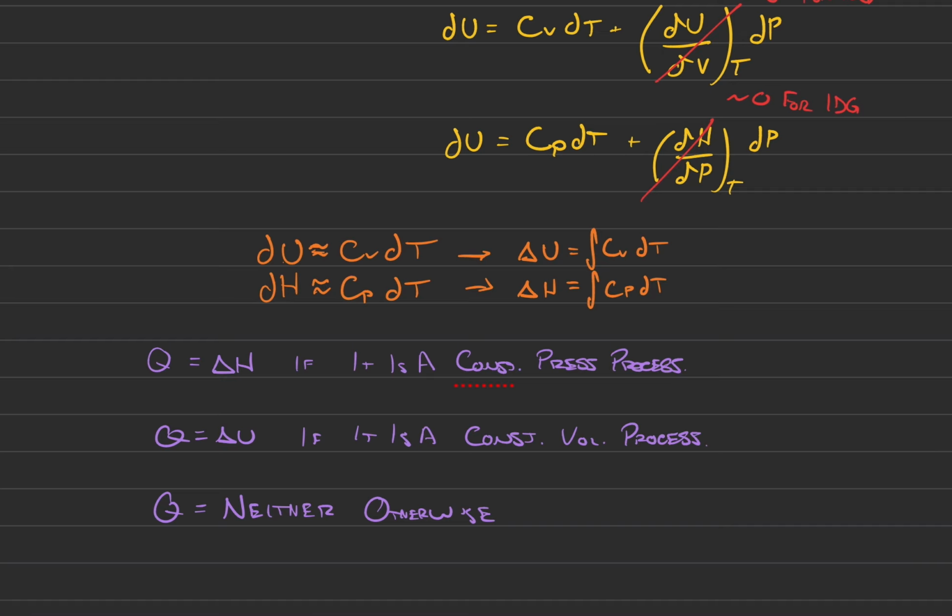There's lots of different ways to get the internal energy to change from one state to another, right? There's lots of different ways to change the temperature from one temperature to another. And that's not necessarily just adding heat, but it could be a variety of other things.